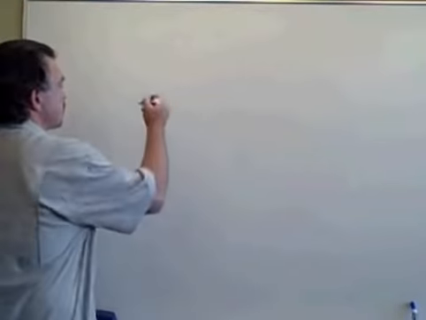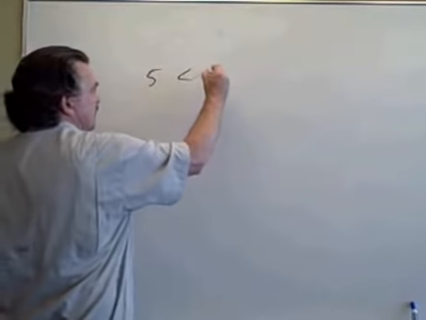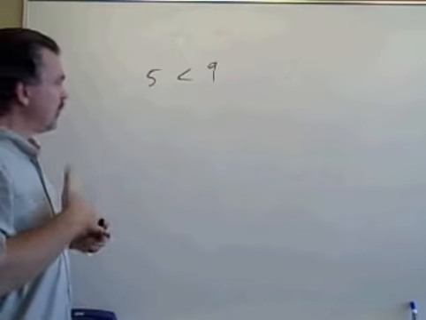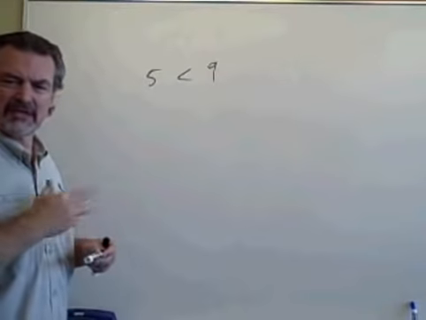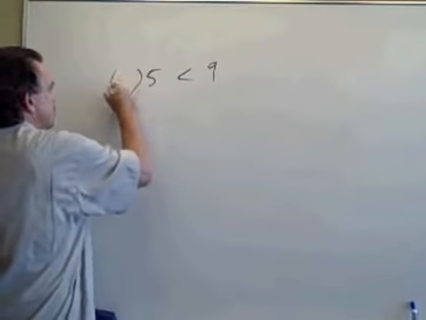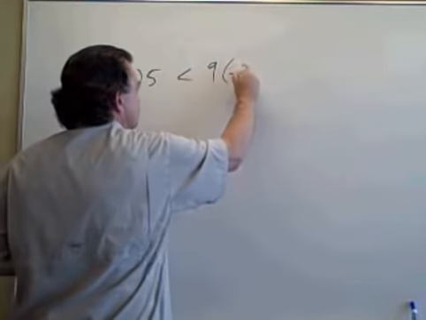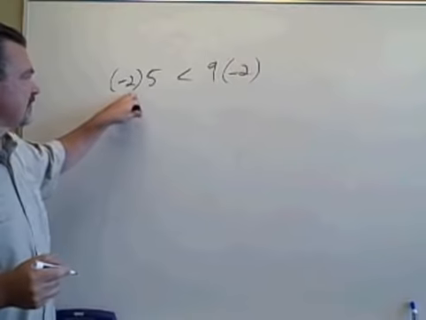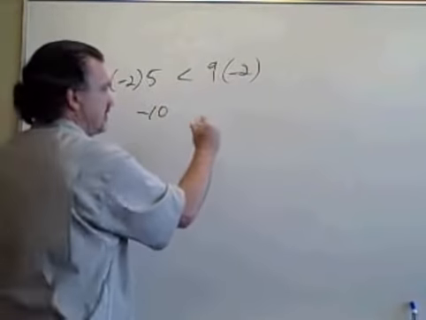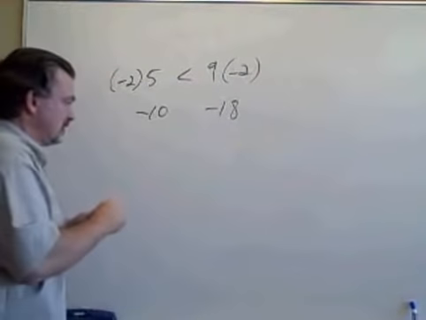This statement is true, isn't it? That 5 is less than 9. What happens if I multiply both sides of that linear inequality by negative 2? Negative 2 times 5 is negative 10. 9 times negative 2 is negative 18.